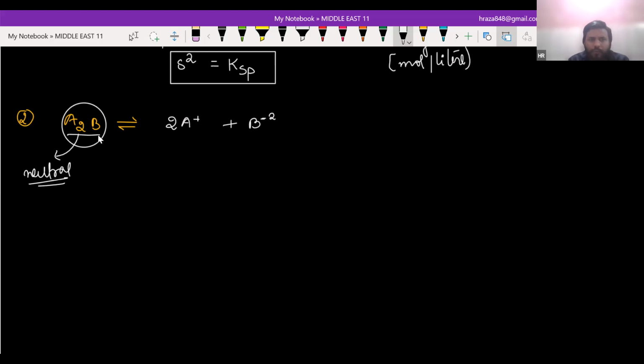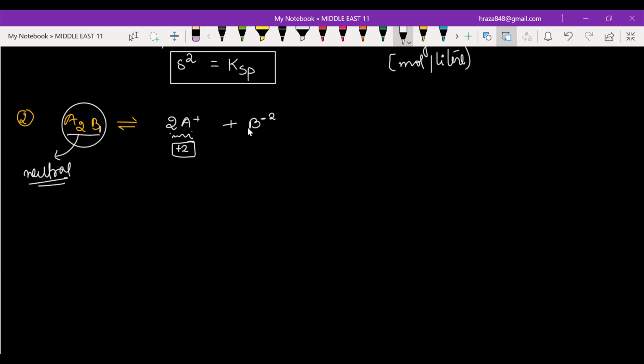If we dissociate into ions, you can see here is 1, so the charge will be plus 1, and A is 2 in number, so 2A plus. Now the total charge on this is plus 2, right? So it must have overall charge minus 2.